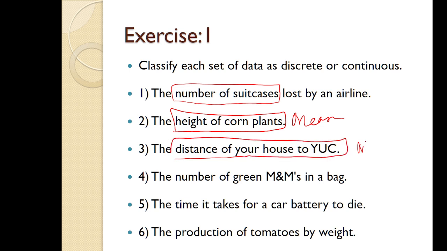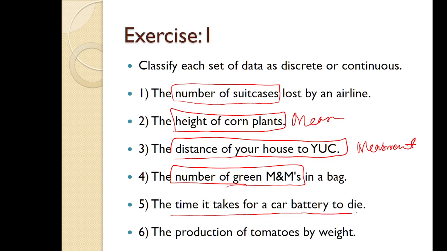Distance is also a measurement. The number of green M&Ms in a bag, so it is a number. And the time it takes for a car battery to die. Time is also a measurement, so it is also continuous.